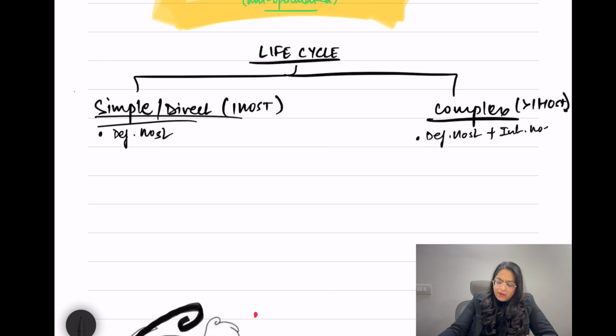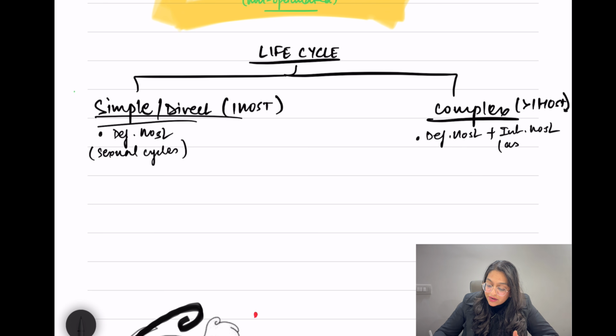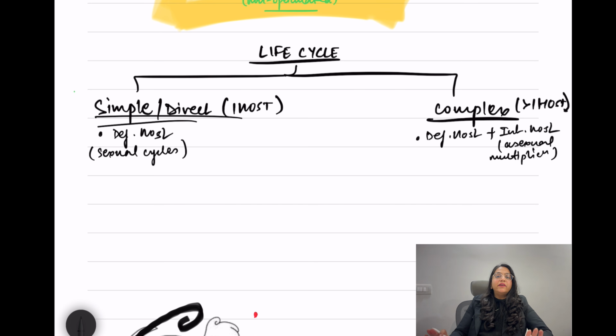What is a definitive host, by the way? A definitive host is one in which the sexual cycles of multiplication take place. What is an intermediate host? A host where the asexual cycles of multiplication take place. That is the only difference. Definitive host has sexual stages, intermediate host has asexual stages, right?